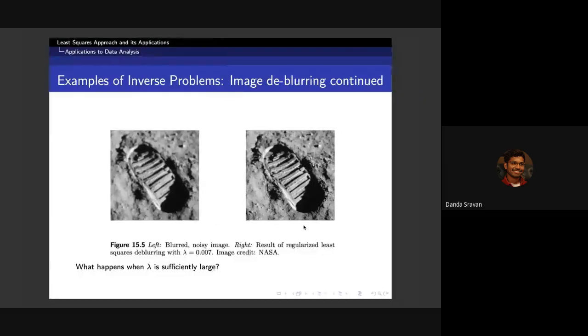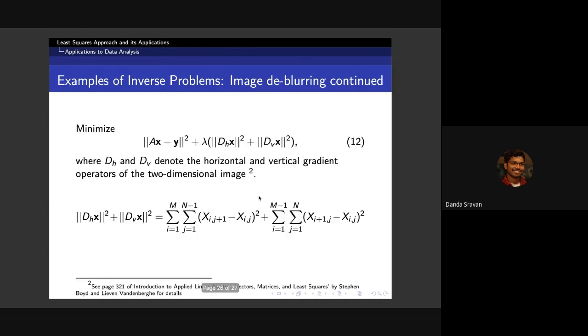What I would see is a constant image, which means none of the objects can be recognized. It will be a constant image because I'm putting a very high penalty on neighboring pixels being different, both in the vertical and the horizontal sense.